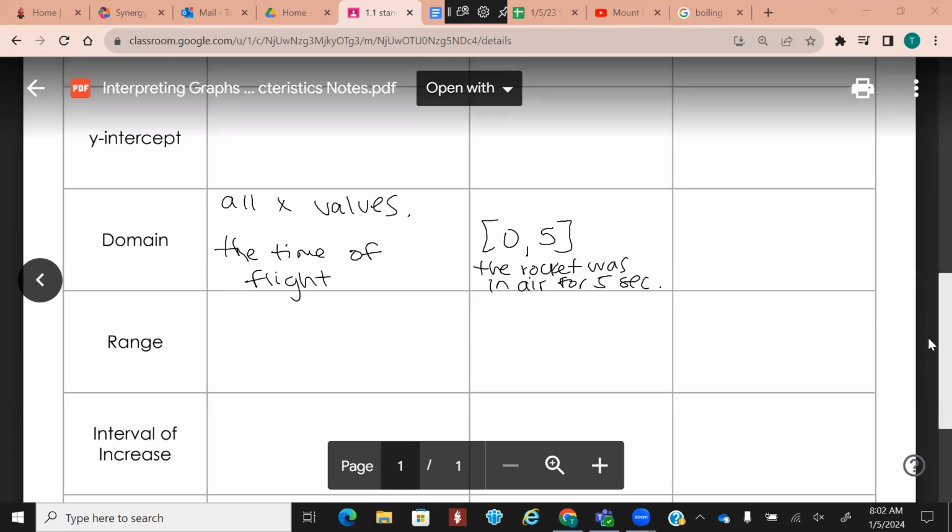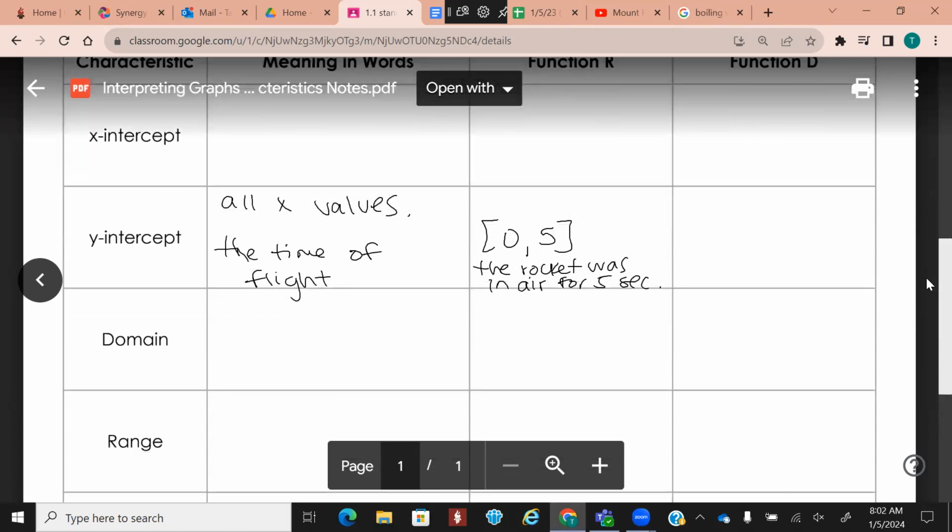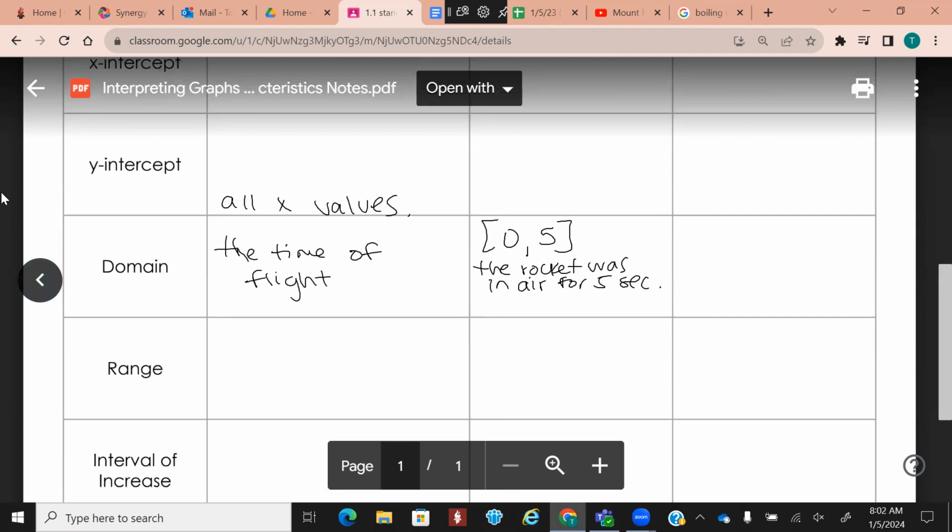Now, what about the drone? How long was it in the air? 7. So from 0 to 7, right? The drone was in the air for 7 seconds.